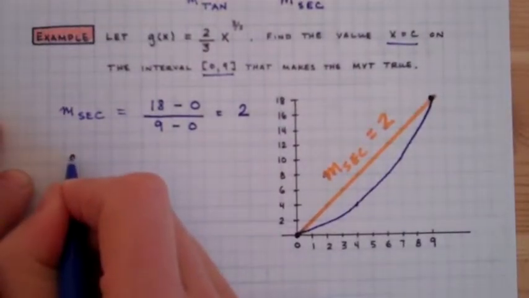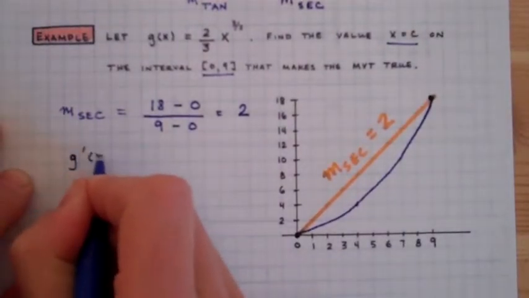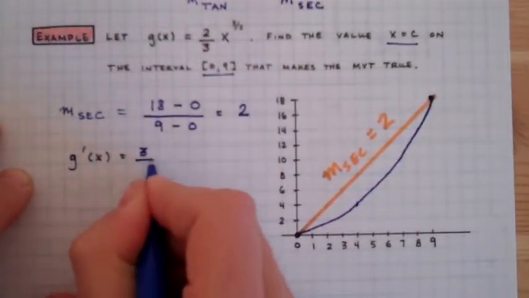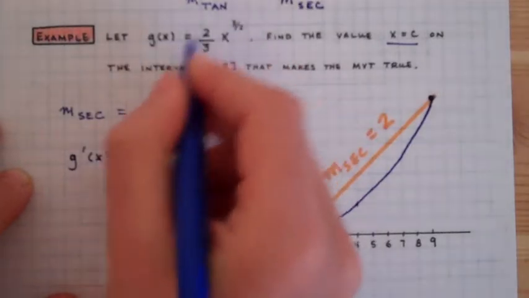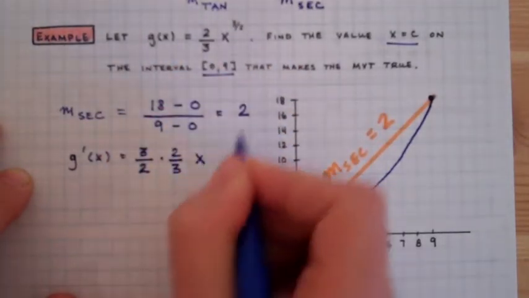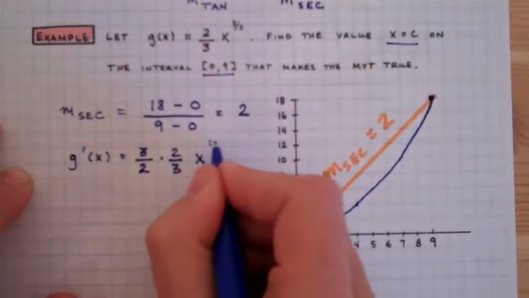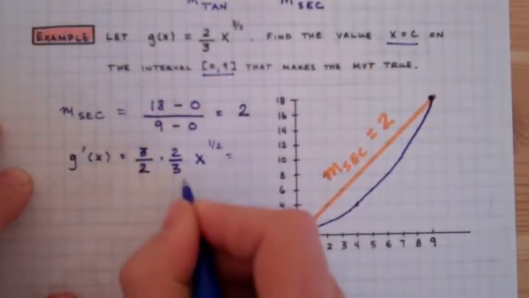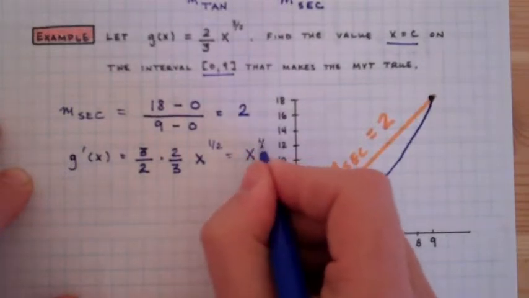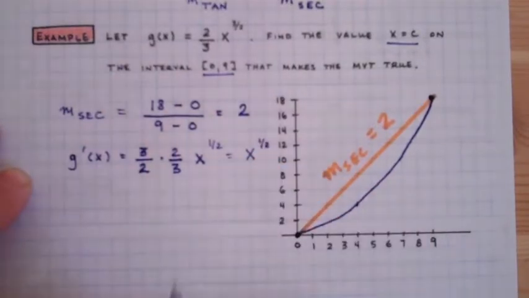So the slope of this function is given by the derivative, which is, using the power rule, 3/2 times 2/3 x to the, knock the power down by 1, 1/2, which, note that the coefficients cancel. We're just left with the square root of x.